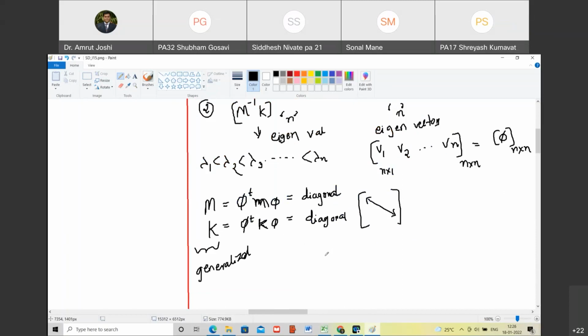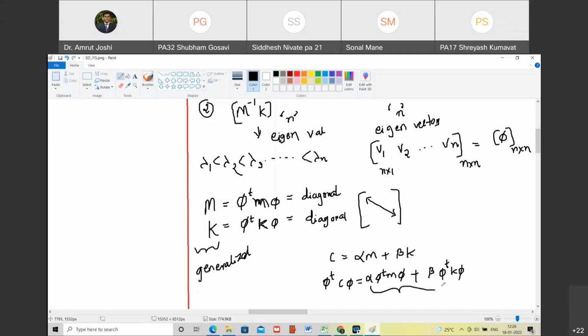And we know that C is equal to alpha m plus beta k. Therefore, phi transpose C phi will be equal to phi transpose m phi into alpha plus beta into phi transpose k phi.